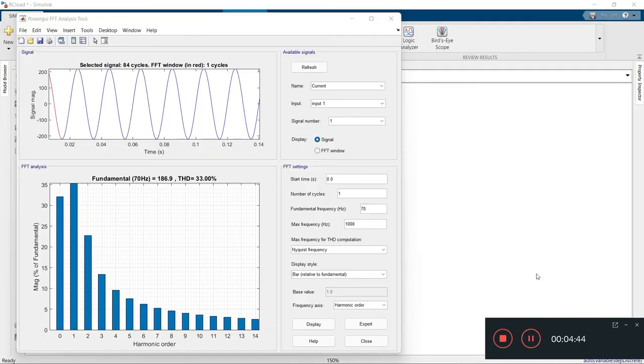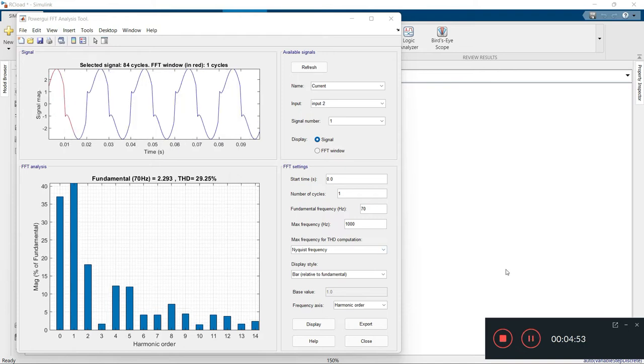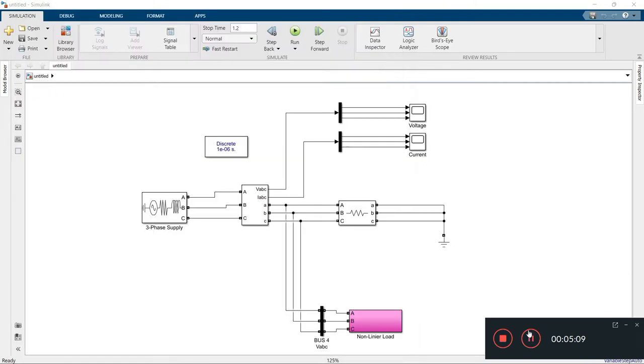For the voltage harmonics, we got a THD around 33%, and the current harmonics are a bit different. There's a distortion in the wave. The THD value is 29.25%.